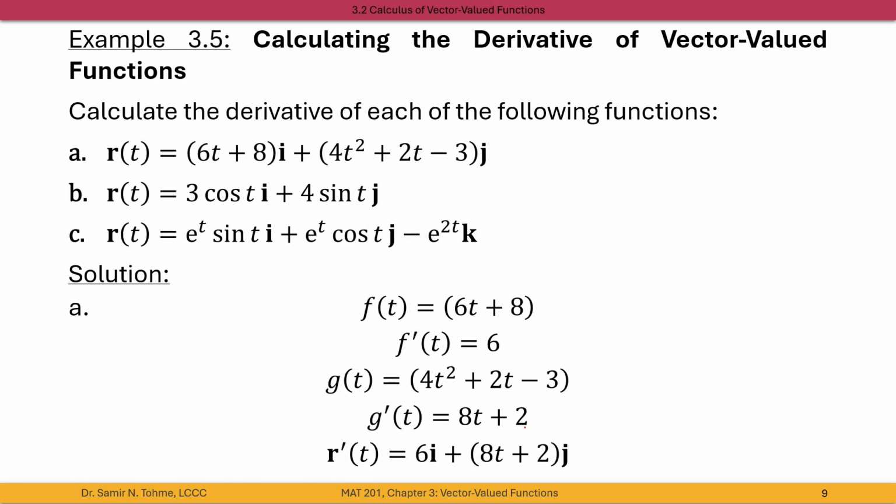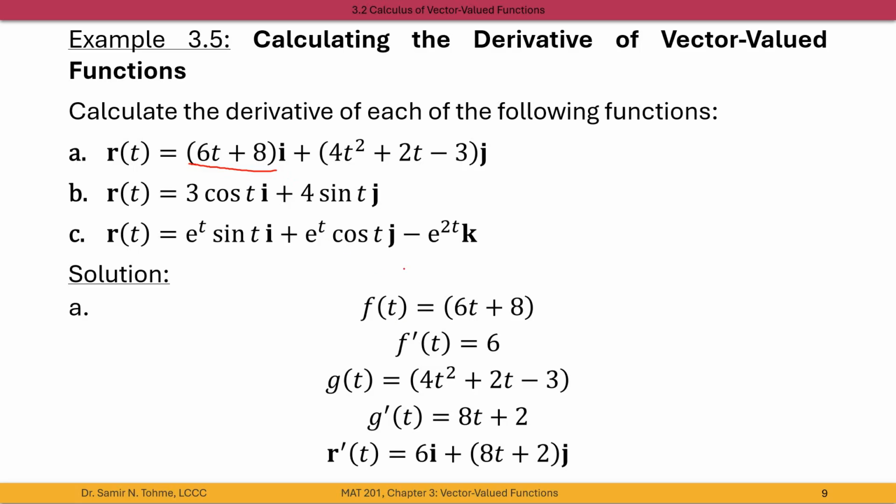Let's consider an example. Let's calculate the derivative. We have 3 vector functions. r is, let's start with part A, and we want to calculate the derivative of this vector function. Of course, the derivative of this vector function is the derivative of the x component plus the derivative of the y component. Let's do each one alone, and then we're going to add them.